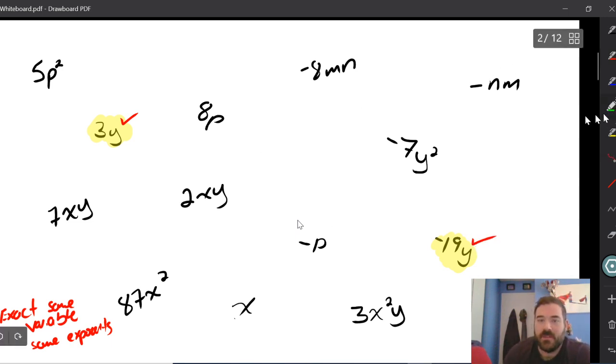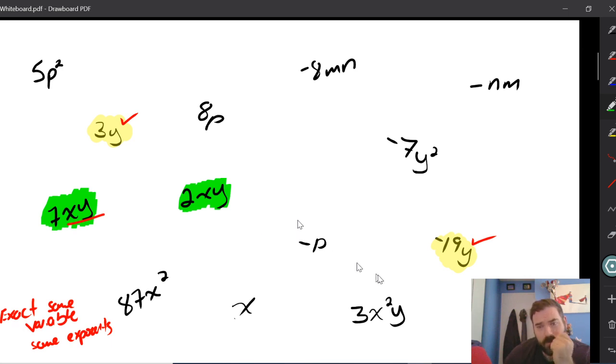Let's try something different. Let's work with 7xy. So I'm looking for a term that may have a different coefficient, but has the exact same variables behind it. Well, we have 2xy, and we have this 3x squared y, which might seem like it's a like term.